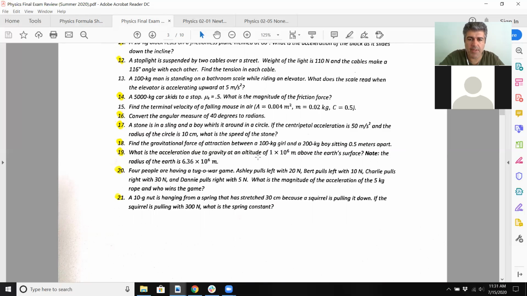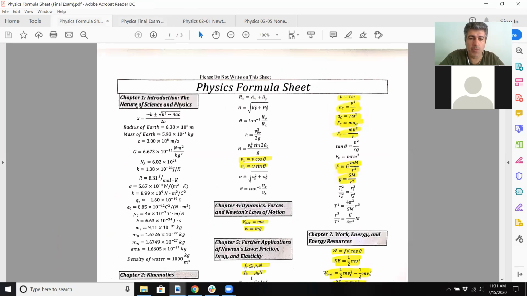19 was acceleration due to gravity at an altitude above the surface. You have your distance above the Earth, but then you also have the radius of the Earth. So actually, the total distance that you are from the center of the Earth is this plus this. So it's 7.36 times 10 to the 6. And you use the mass of the Earth, which is right here, and plug into the little g formula, because you're going to solve for it.